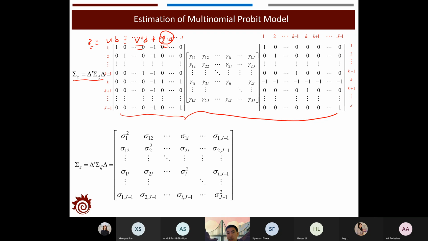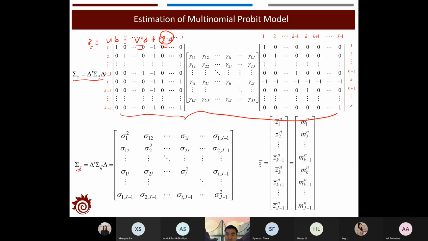We assume that the covariance matrix of Z is sigma 1 square, sigma 1 2, sigma 1 I until sigma 1 J minus 1. You can also assume a set of values for the other rows. And with that, you can also find out the mean values. Say that Z bar is determined by the deterministic component.